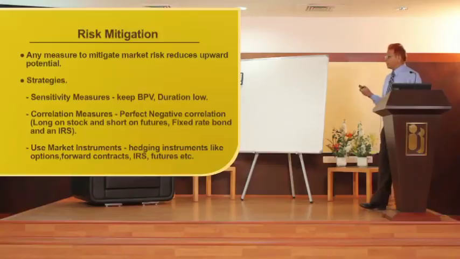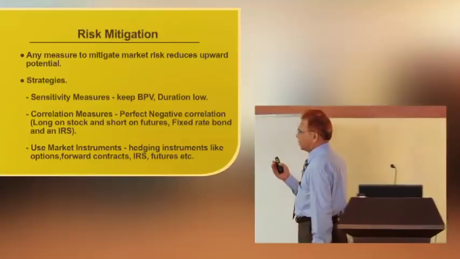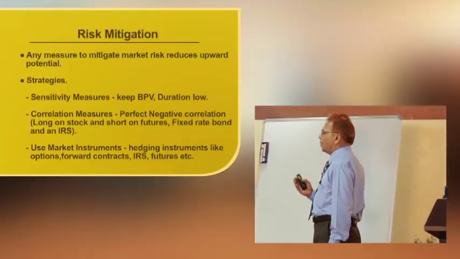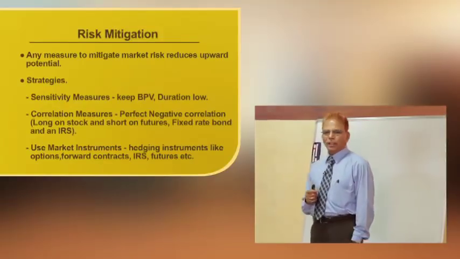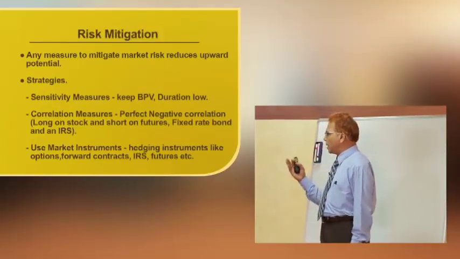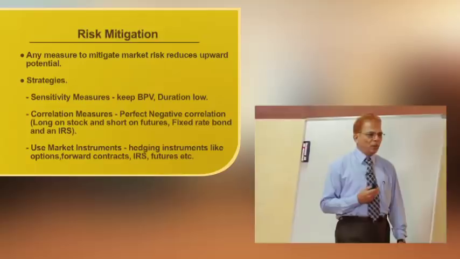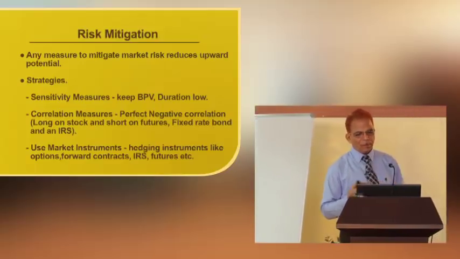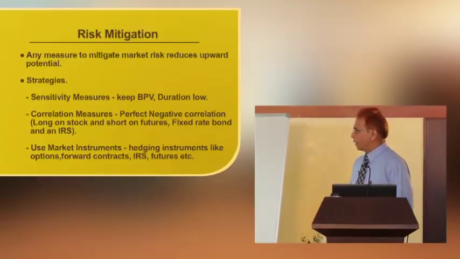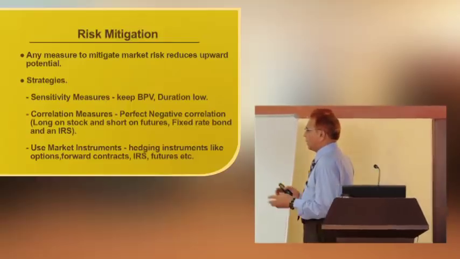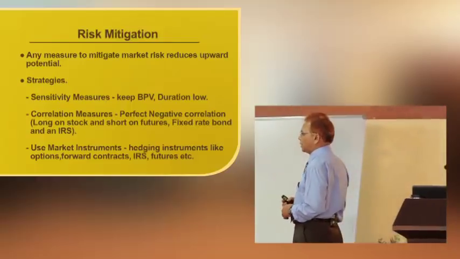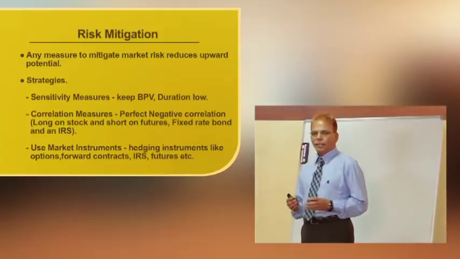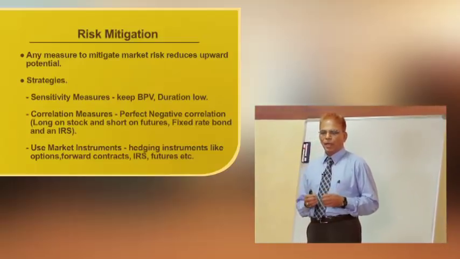So, the strategies: because the movement in the market prices comes out of the sensitivity measure, it is better to keep the sensitivity low by keeping the duration low or PVBP low. And correlation measures, like having a negative correlation, you know that there exists a correlation between different markets.